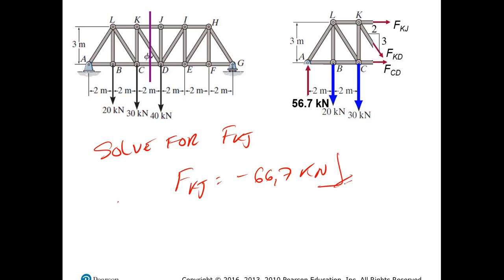Like I said, you can leave it as this, or you can just tell me that it's also equal to 66.7 being in compression. So don't forget your units, and that will be fine with me as well.